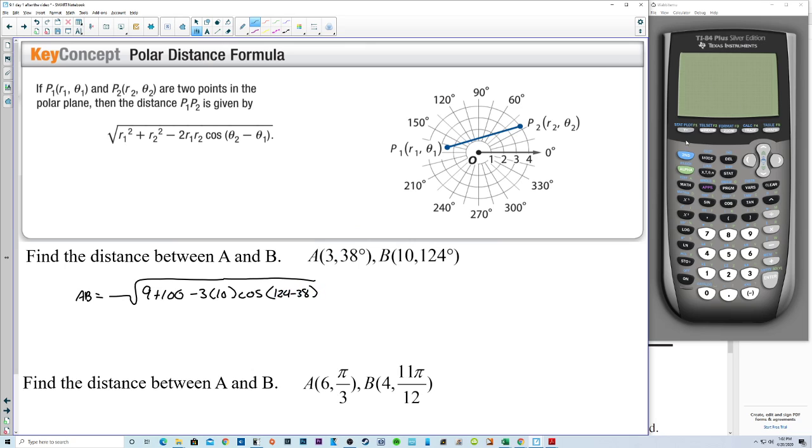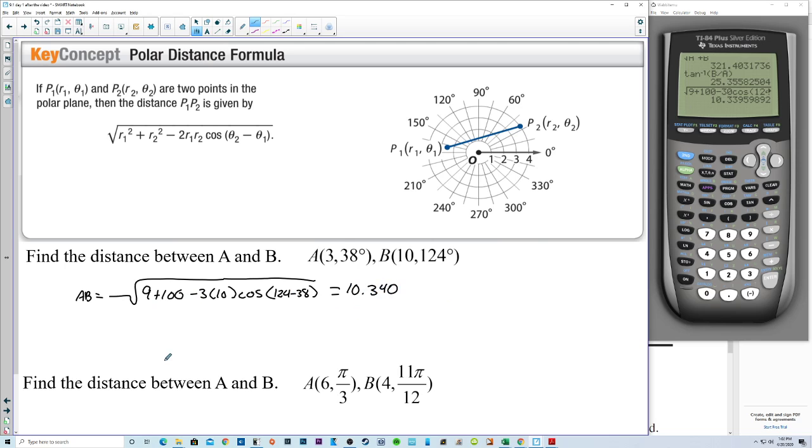And then this is going to be a calculator problem, so square root of 9 plus 100 minus 30 times the cosine of, I'll let the calculator do the work here, 124 minus 38. And before I hit enter, I'm going to check mode, I'm in degrees, that's good. And we get about 10.340 rounded.